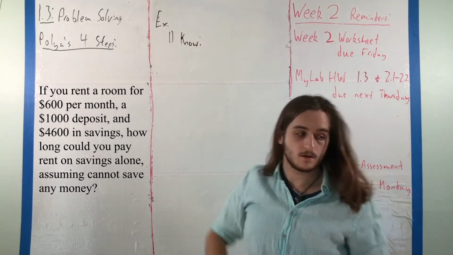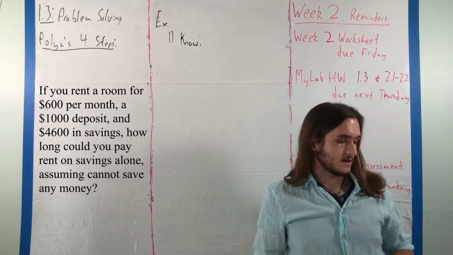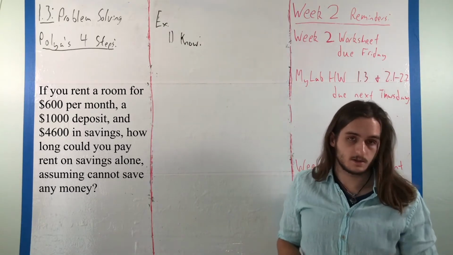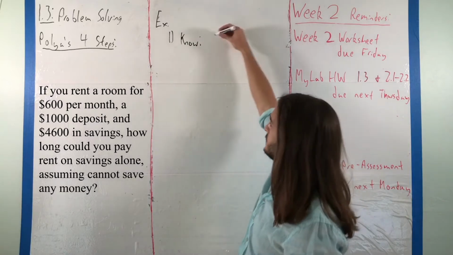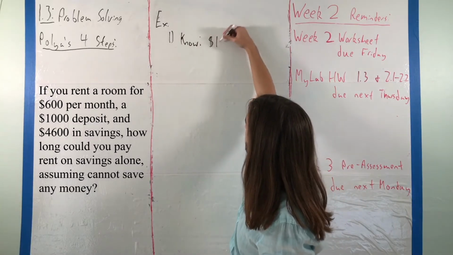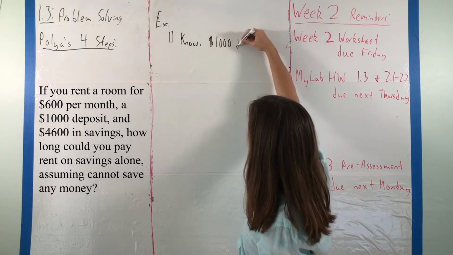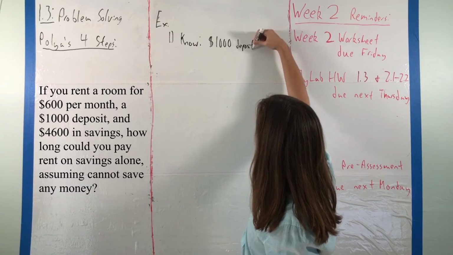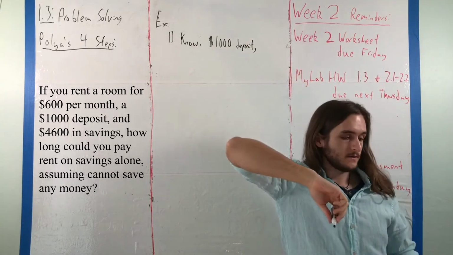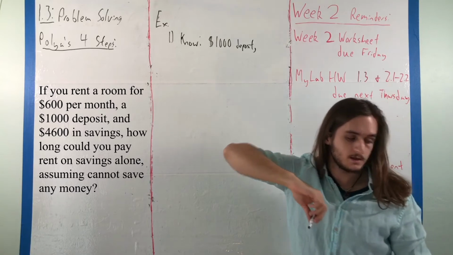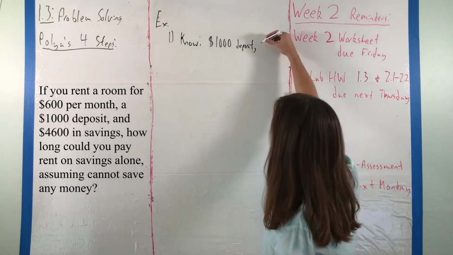what we know is that we have the cost for the initial deposit, so the $1,000 deposit. We have the cost in rent, which is $600 a month.